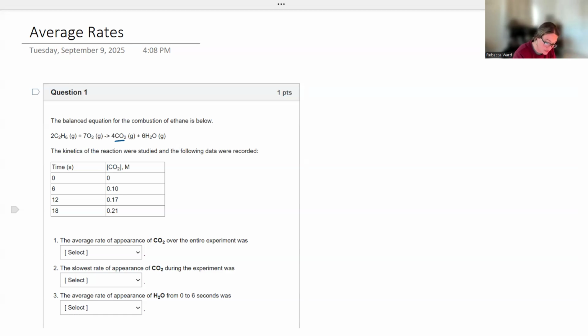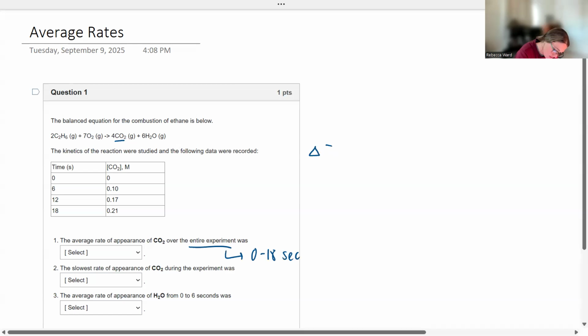So for this first question, I'm going to say my average rate of appearance, and I'm reading this as being from 0 to 18 seconds. So that'll be, I guess we'll do this, our change in CO2 as a function of change in time. At this final time point, I have 0.21 molar.